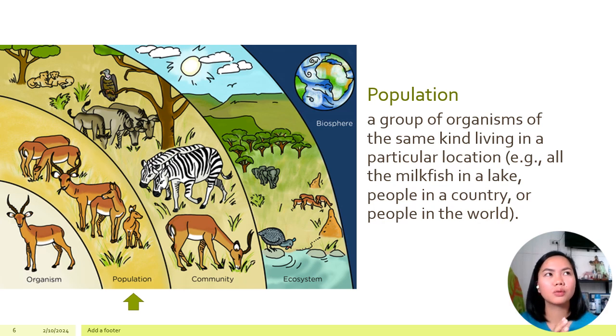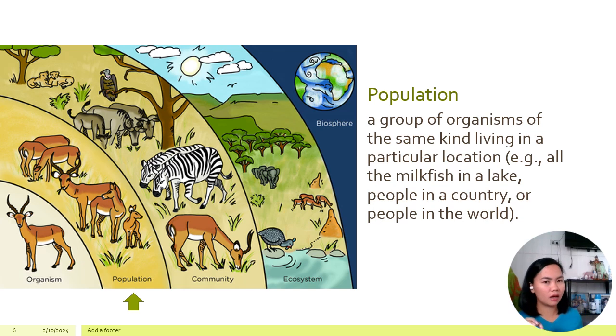So again, when we say biotic community, it has several populations. Like in the picture, we have deers, we have zebras, we have carabaos, we have birds, cheetah, and whatever living in a particular location or interacting in a particular location. They are called biotic community.